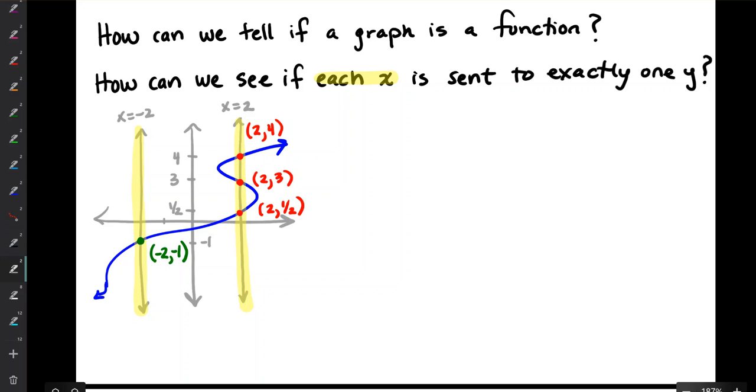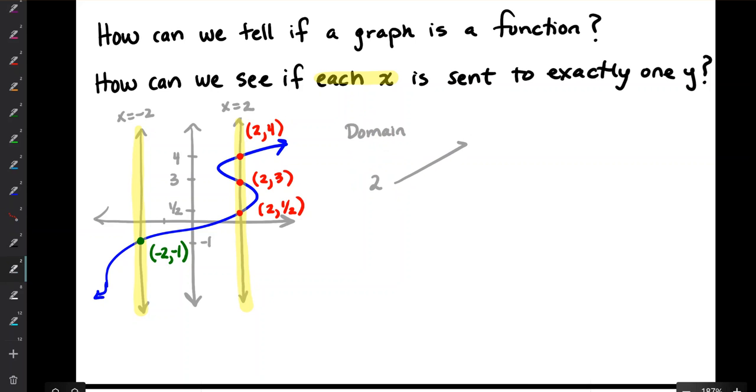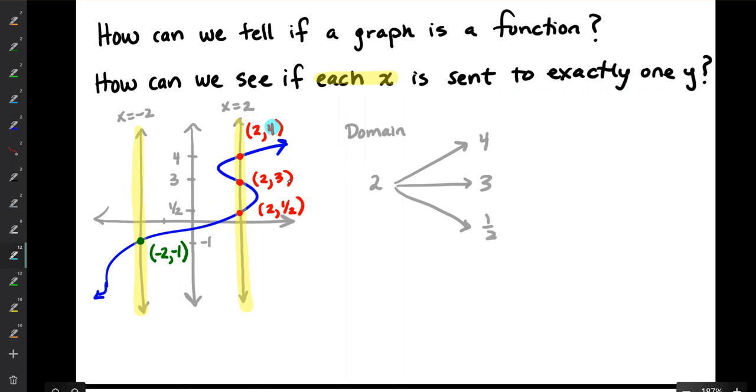If we just looked at that domain element of 2 with these ordered pairs, 2 is being sent to 4, to 3, and to 1/2, right? To those y values. Those are different y values. This is big time, not a function.